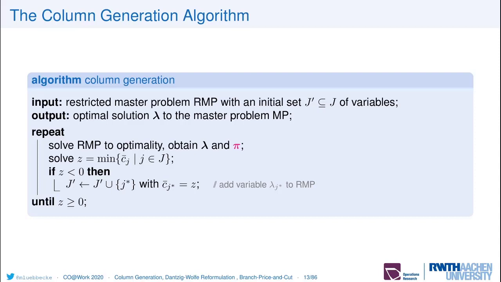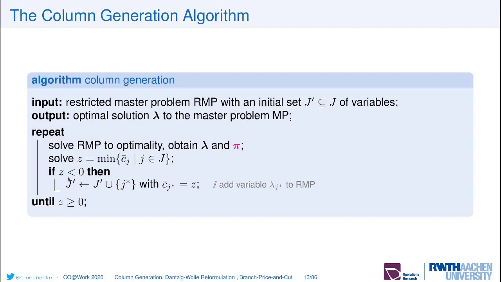Does not seem that we have gained much, but let's write down the algorithm this results in. This is the column generation algorithm. Again, as an input, it gets the restricted master problem, so the LP I'm interested in solving with a small subset of the variables. And I solve that restricted version to optimality, get a primal solution and a dual solution. Then I solve this helper optimization problem, the pricing problem.